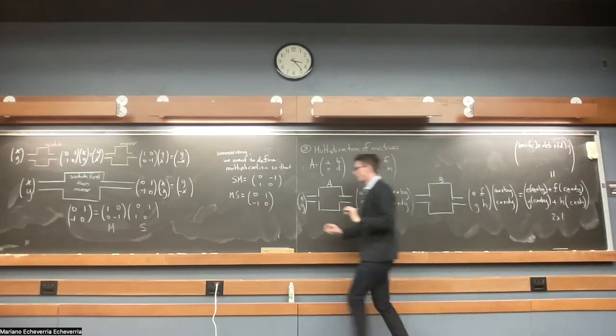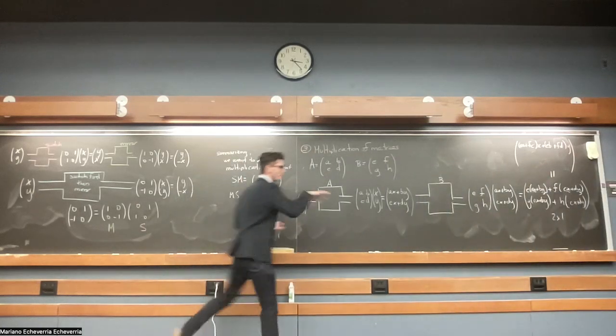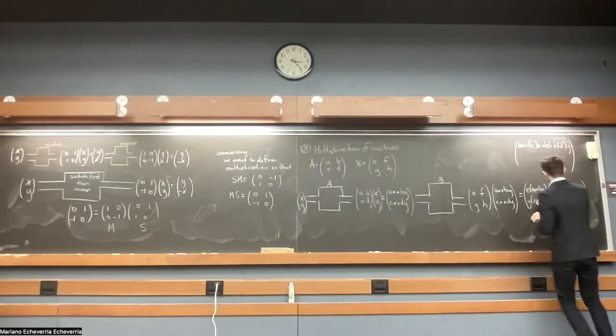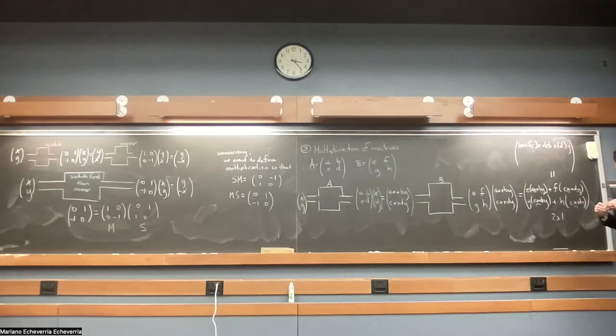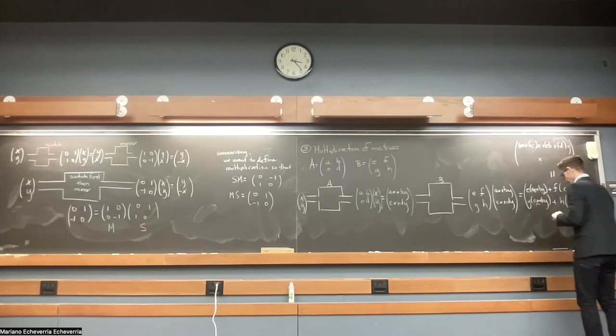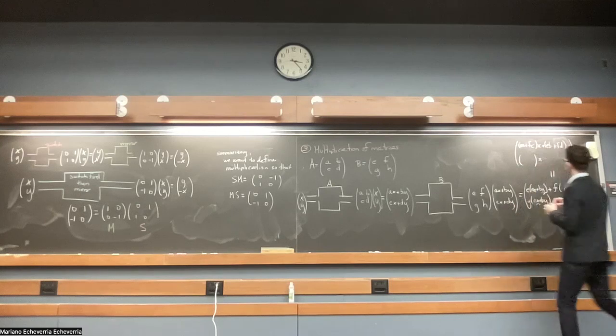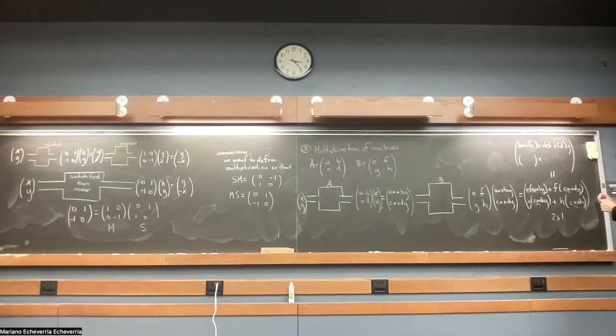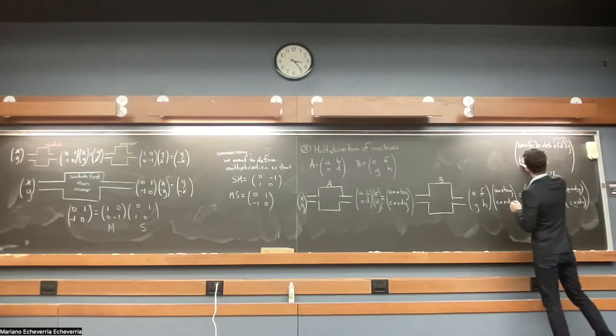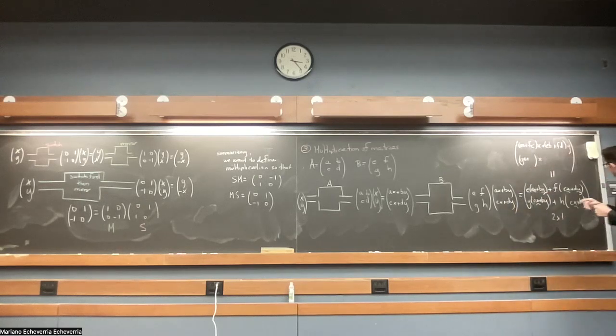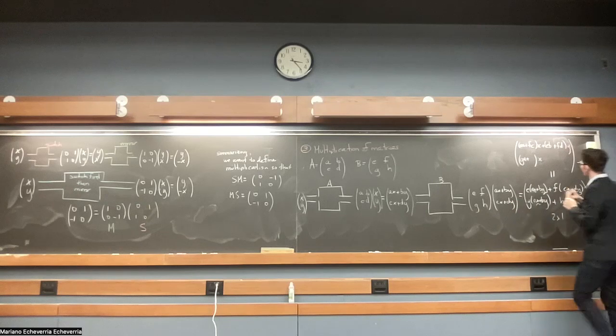Then let's do the same for the second row. There's some stuff multiplying X. So what's the stuff multiplying X? It is GA, right? And then HC.